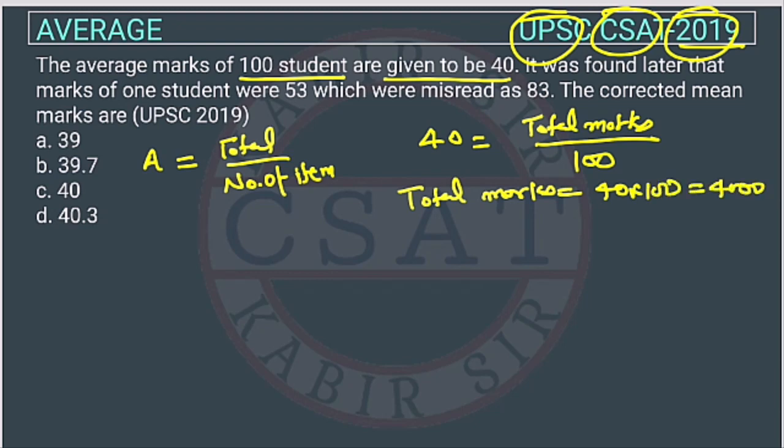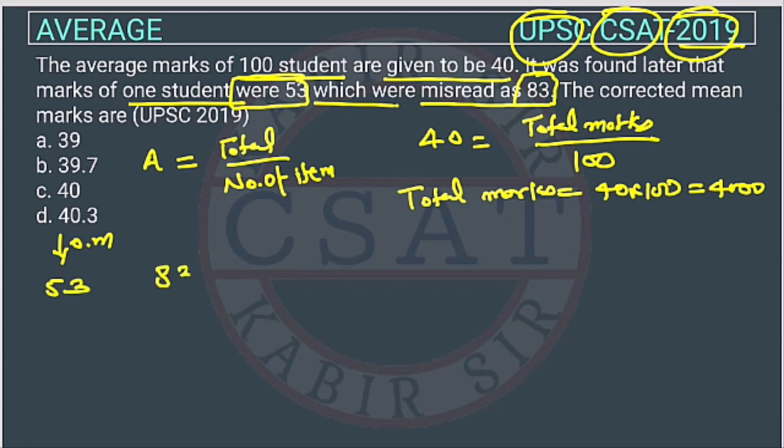Now it was found later that marks of one student were 53, which were misread as 83, right? So there was one student whose original marks were 53, but they considered marks 83, so they calculated the average on the basis of marks 83, right?